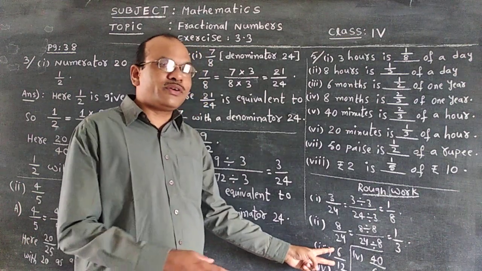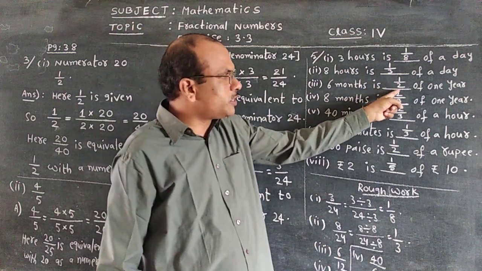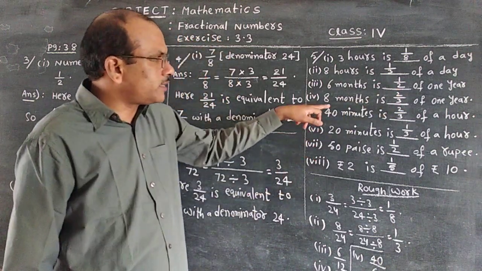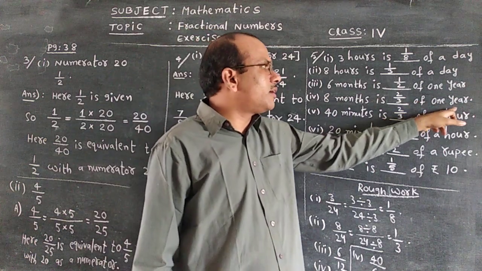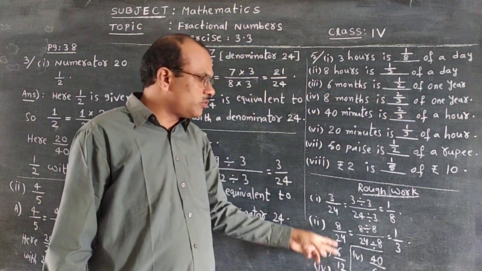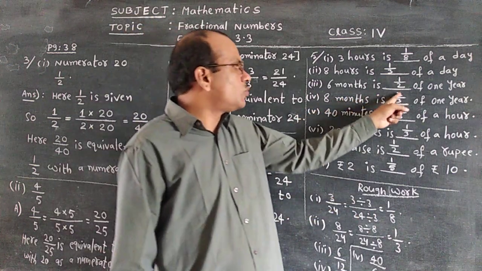If you do it in the same procedure, we will get the answer 1 by 2. Other parts: here 8 months, here 1 year. That means 8 by 12. If you go for the same procedure like this also, you will get the answer 2 by 3.